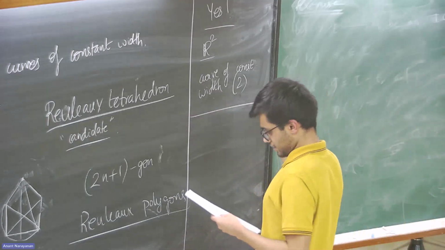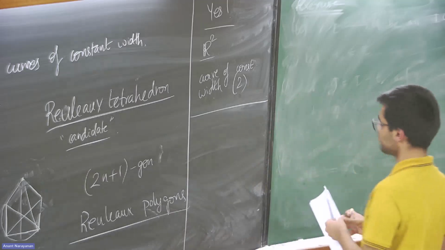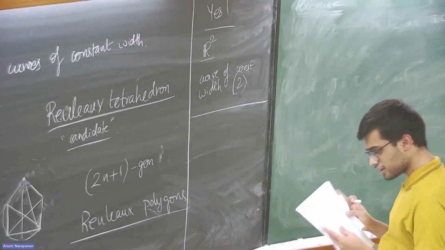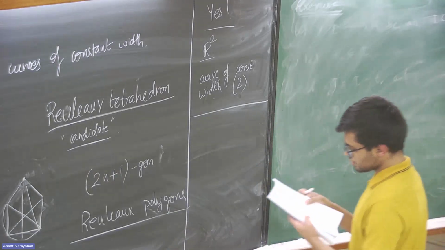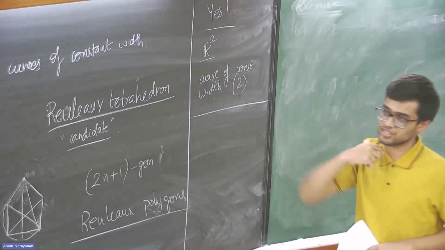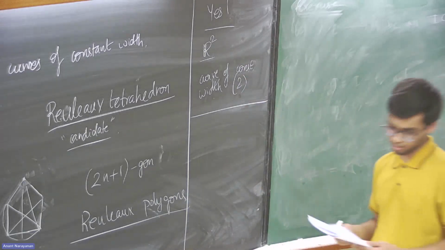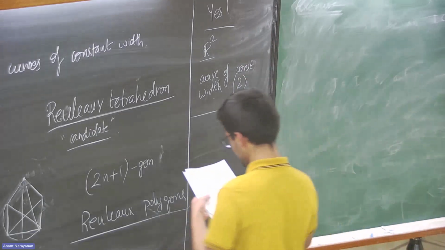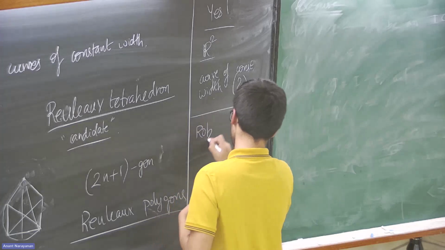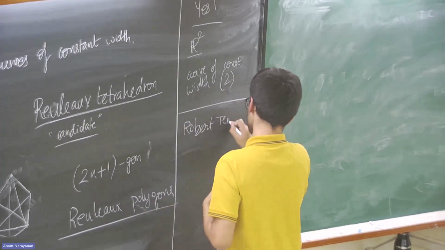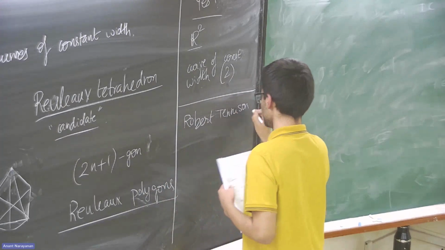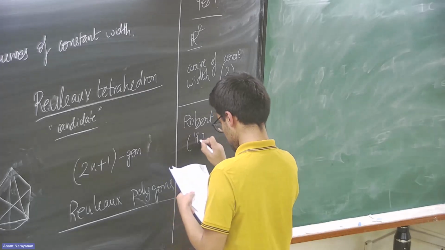So this is the C infinity case, and if anyone wants, I've written down certain references here which I'll share. There are many standard procedures to construct these convex bodies of constant width. There's a paper by Robert Tennyson titled Smooth Curves of Constant Width, from the 1970s.